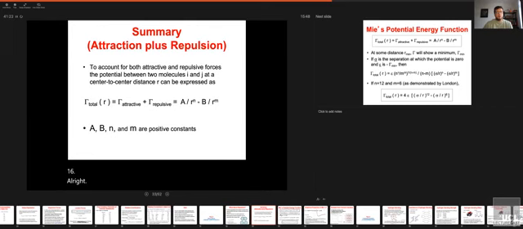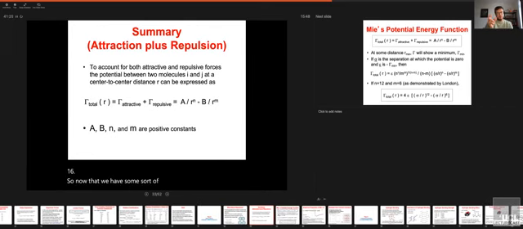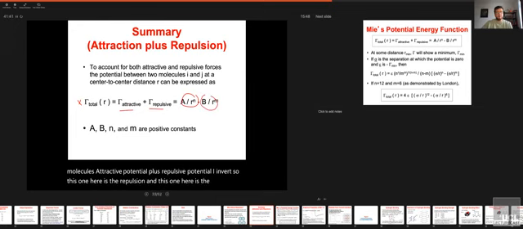So now that we have some sort of an equation that describes both attractions and repulsions, we can put everything together. And we can look at a general potential that describes interaction between molecules, attractive potential plus repulsive potential. This one here is the repulsion, and this one here is the attraction. A, B, and M are all positive constants.